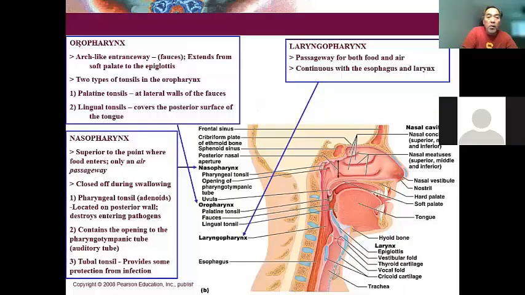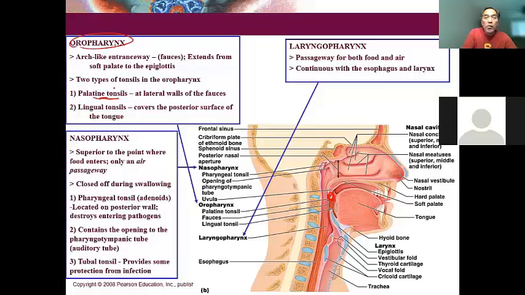Now inside the oropharynx, between the oral cavity and pharynx, there are tonsils. There are two tonsils located in the oropharynx. The one to the side of your mouth, on the oral cavity, is called the palatine tonsils.